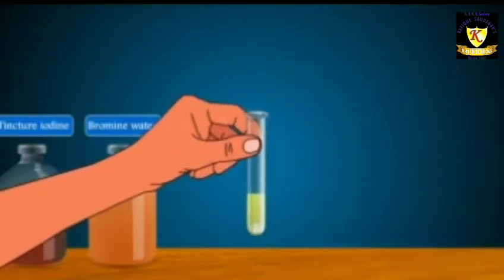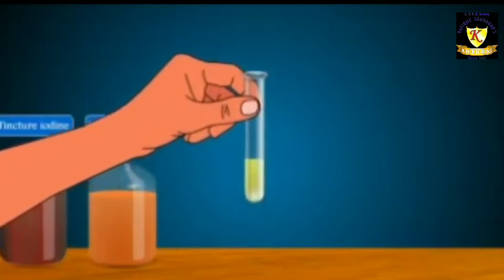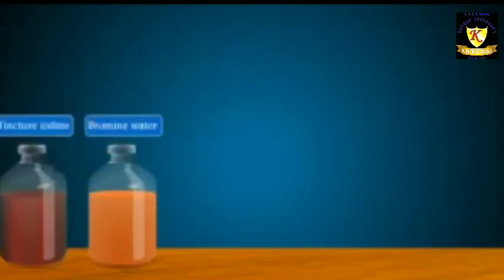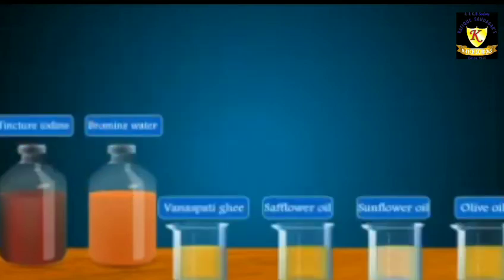Shake the test tube. Find out whether the original color of bromine or iodine disappears or not. Repeat the same procedure using other oils and vanaspati ghee.